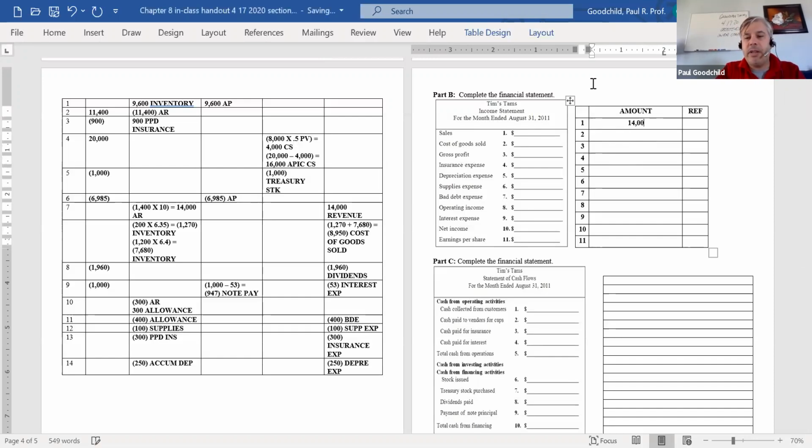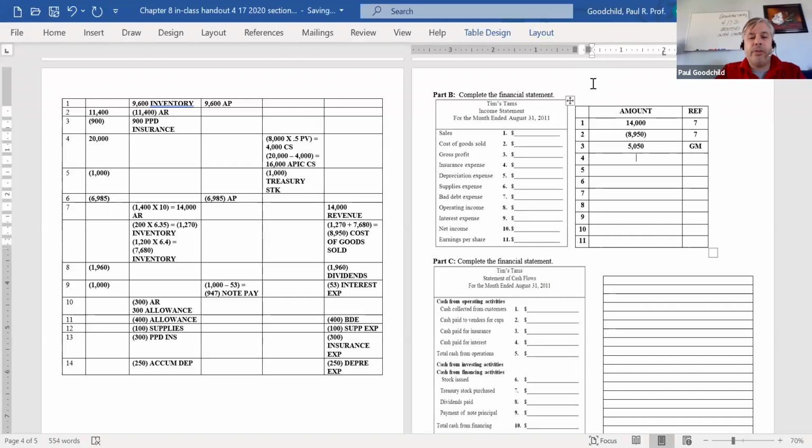So we have 14,000, and that came from transaction number 7. And then we have our cost of goods sold, 8,950, and that's also in transaction 7. So the difference, 5,050, is just our gross margin calculation.